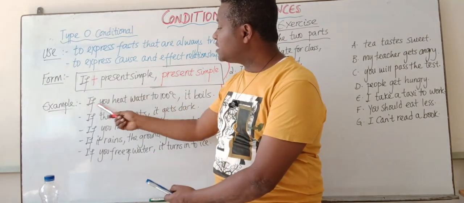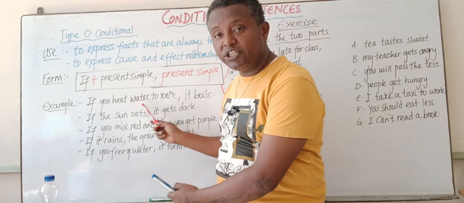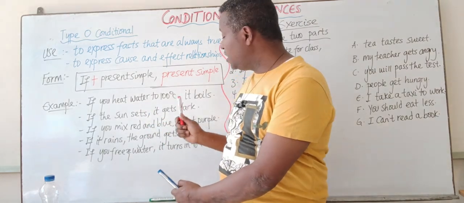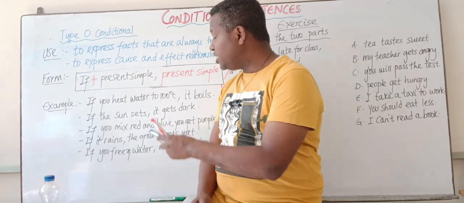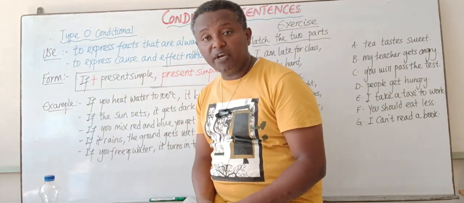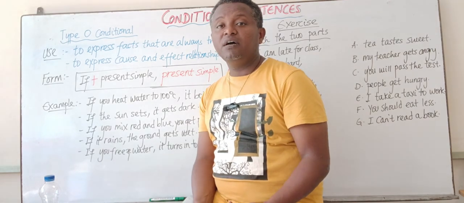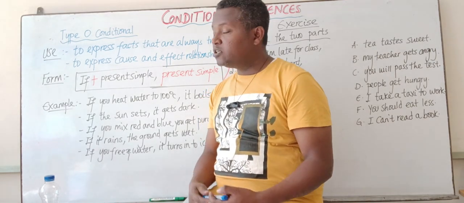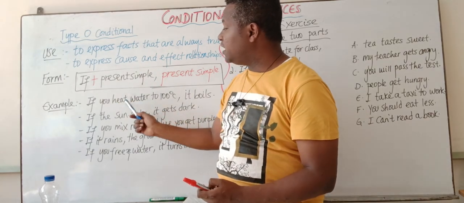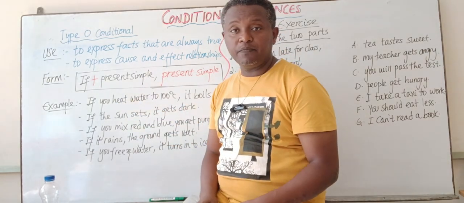So this is the condition in the if clause. This is the condition that needs to be fulfilled for the water to boil, right? In order for the water to boil, we need to heat it to a temperature of 100 degrees Celsius, right? So this is the condition and the result or the outcome.